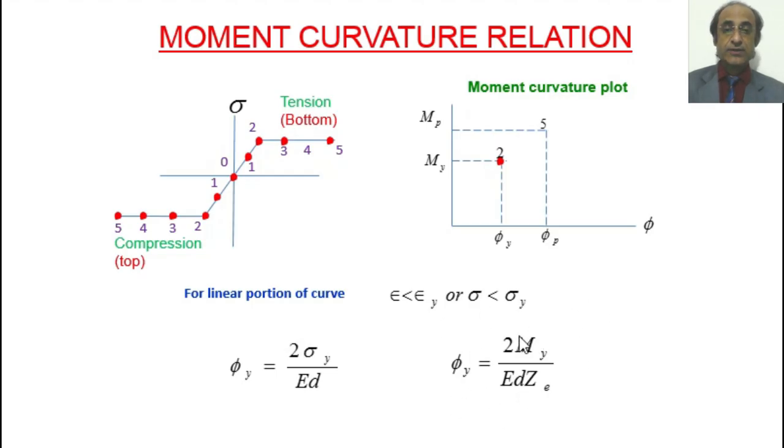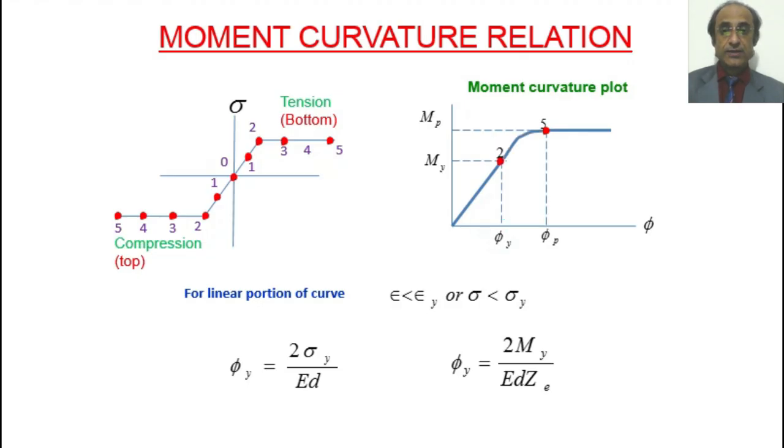And when the moment is less than the yield moment, the curvature is reduced in a proportional manner. So it's a linear curve. So this portion is very easy to describe mathematically. Now what happens after point number 5? After point number 5, basically the curve is a straight line because curvature becomes infinite.